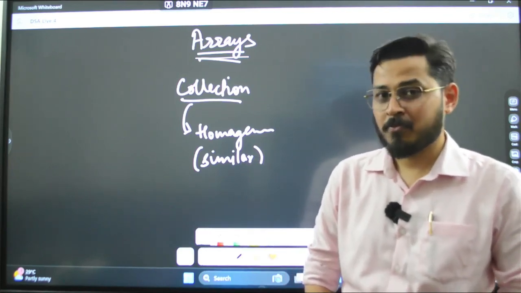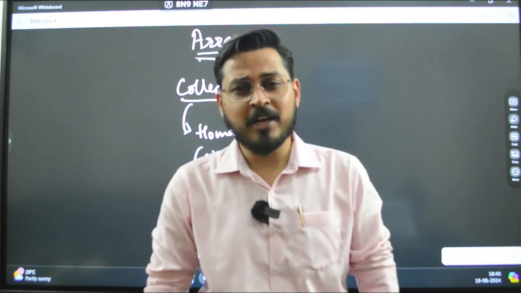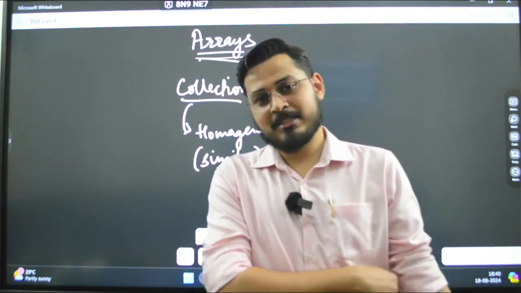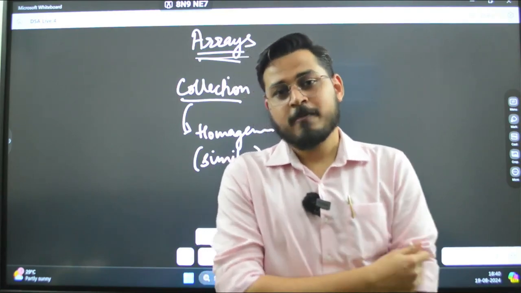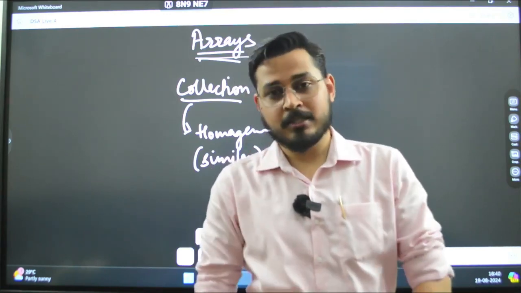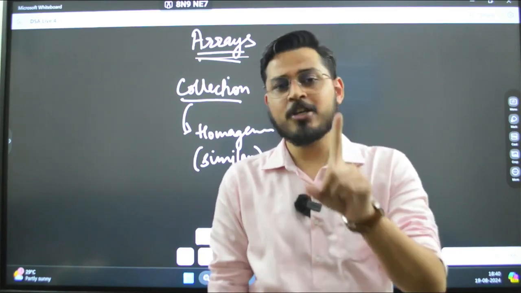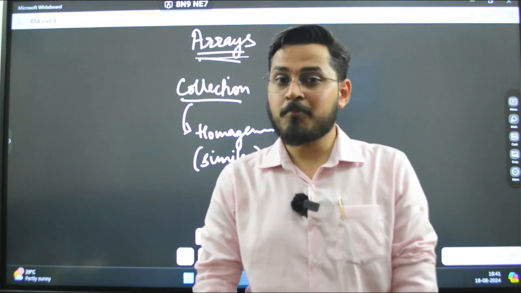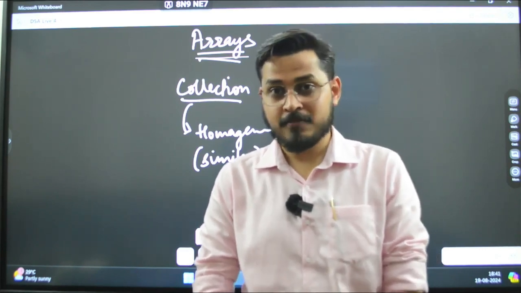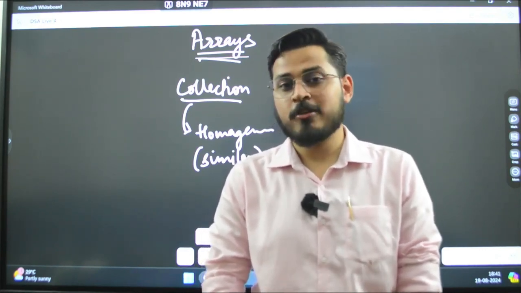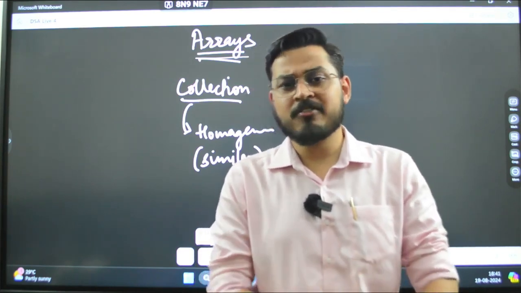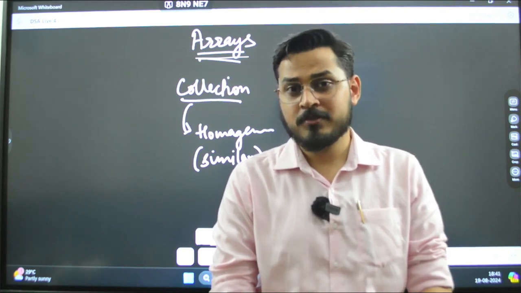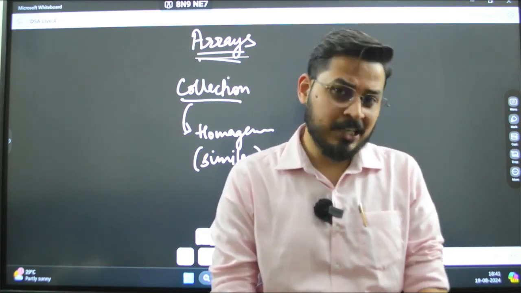Understood my point? With the help of a collection, the very first step to organize our data is arrays. In the very first session of DSA, we understood the importance of DSA: the major thing we do with DSA is file or data organization.